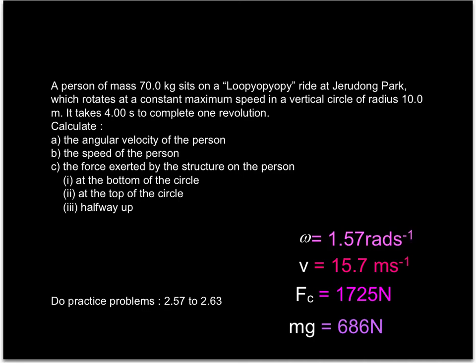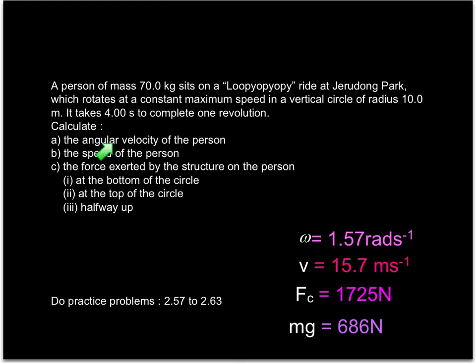Okay, here's an example of a vertical circle question to do with a roller coaster ride called the Loopy Opie. We're told that the time it takes for one complete revolution is 4 seconds.